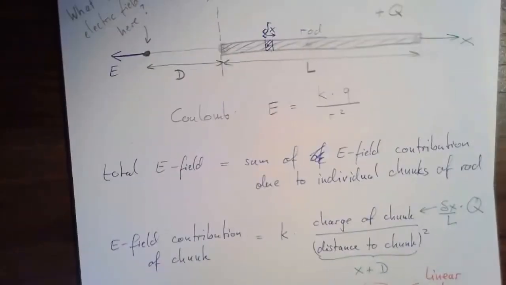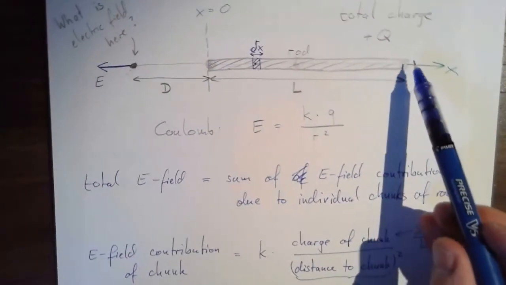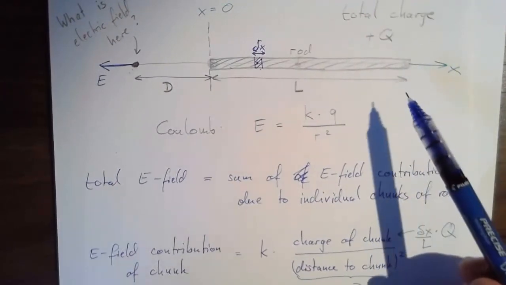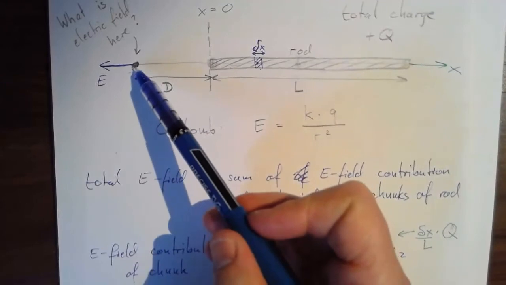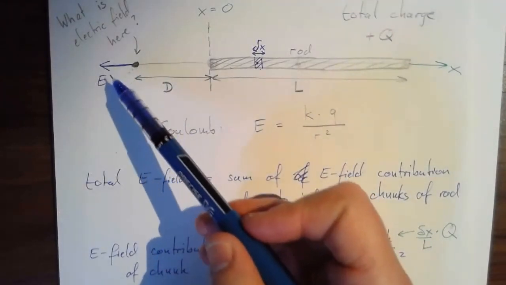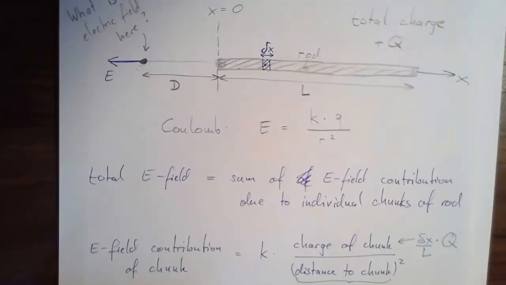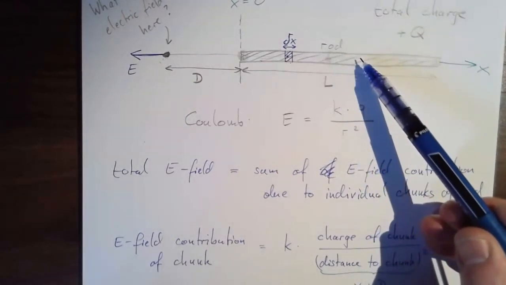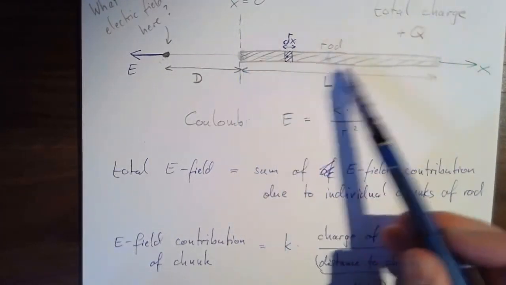A special case of this would be where the rod keeps going, right? It never ends. L is infinite. You might say, doesn't it create an infinitely strong electric field over here? Well, it doesn't, even if the linear charge density is constant, so there's 1 coulomb per meter.